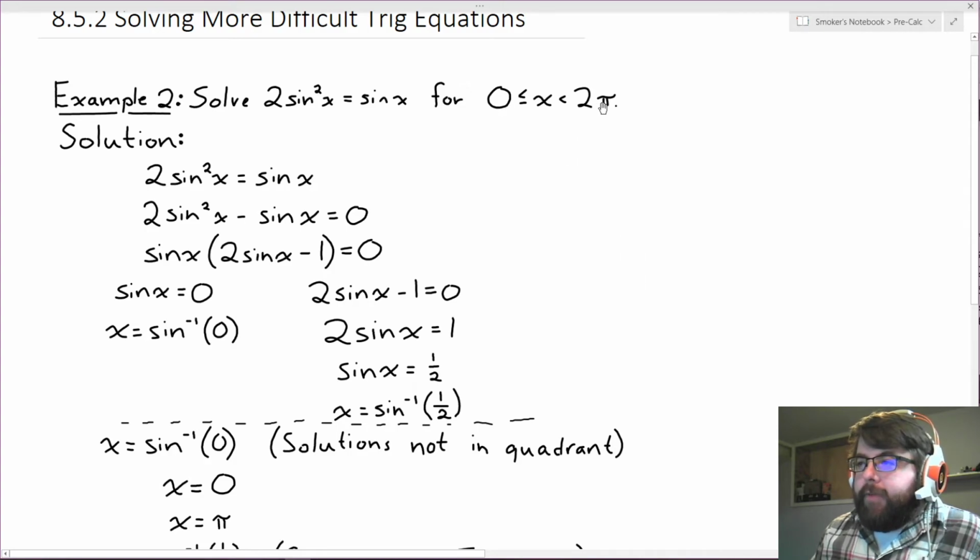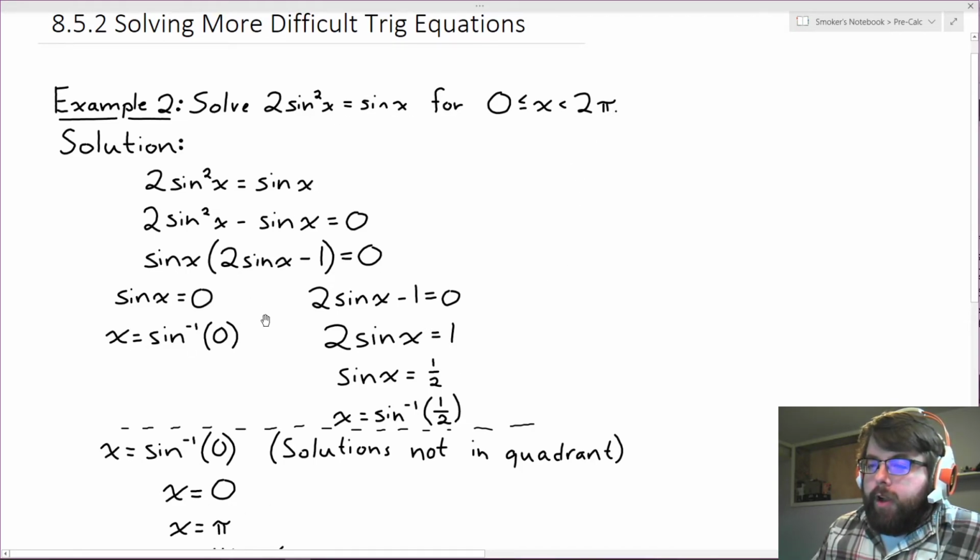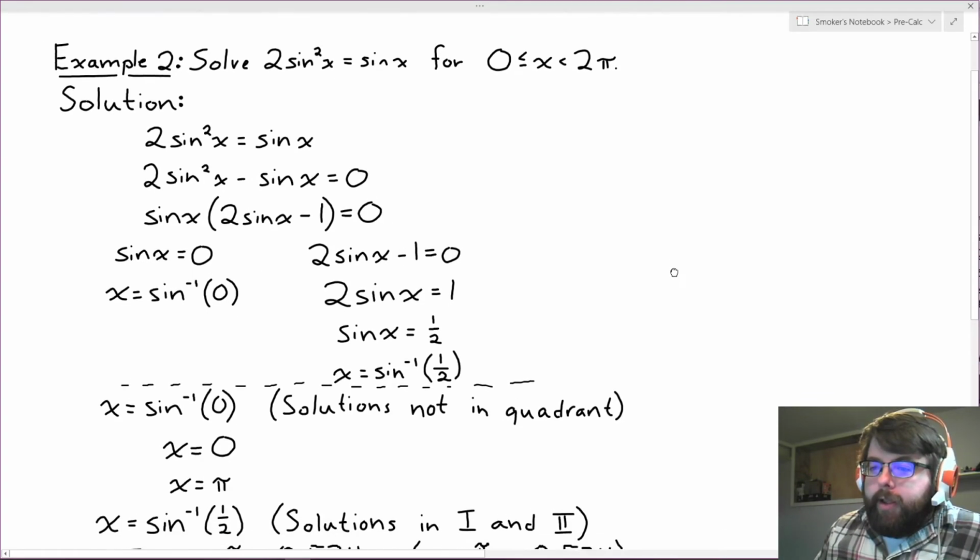Okay, so we never include 2 pi. I shouldn't say we never, but I don't include 2 pi with 0 because they are the same. Hopefully that's making sense. So that's why 2 pi is not included in the solution, while 0 and pi are, and 2 pi as a value plugged in will give you 0, but it's not included because we're doing strictly less than 2 pi.